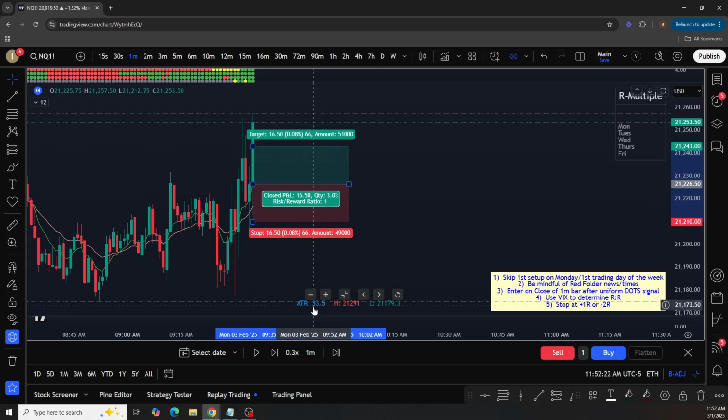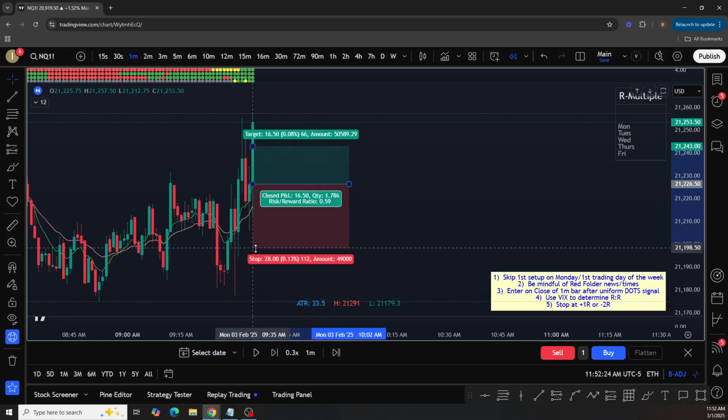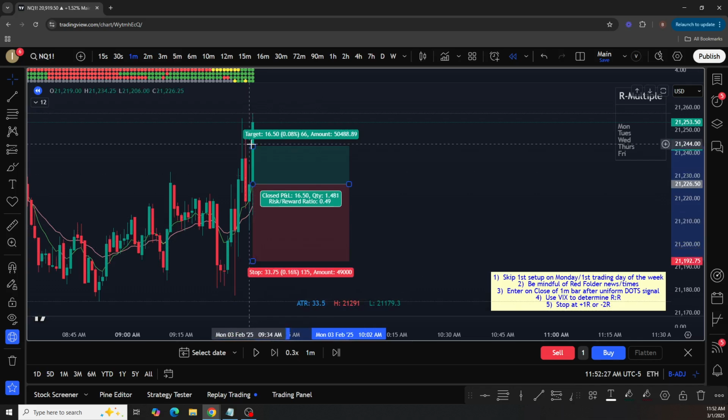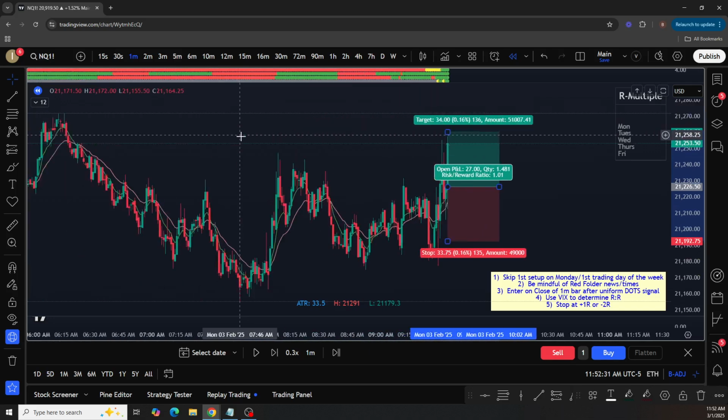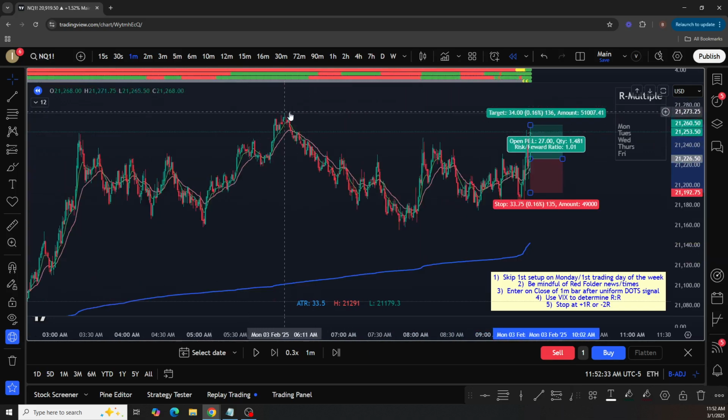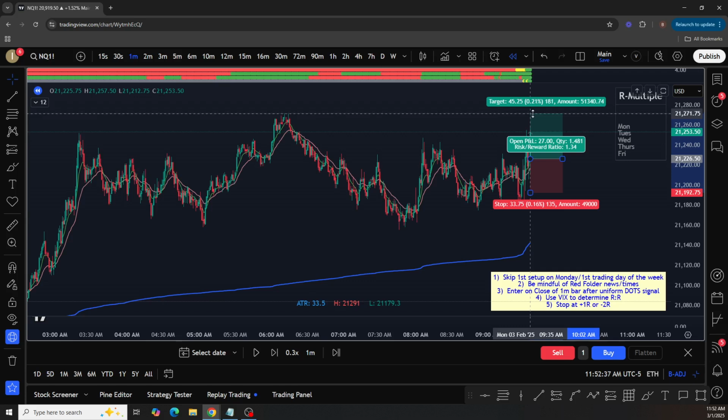ATR is around 30 points, so we could just use that, 33 and 33, usually a 1-1 risk reward. You could look left for liquidity, and if you're trading multiple contracts, look for 45 points, but I'll just look 1-to-1, so call it 33 points of risk.